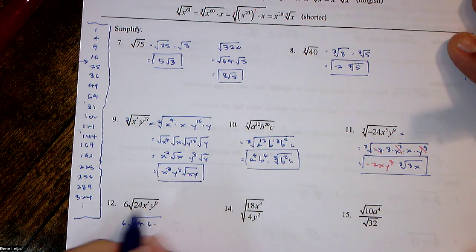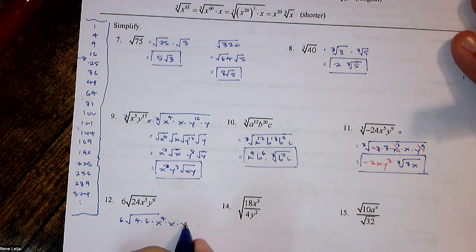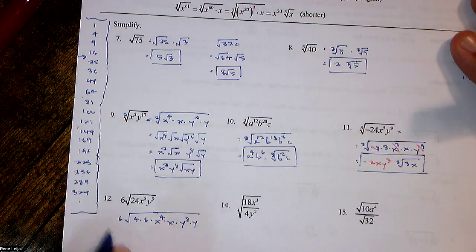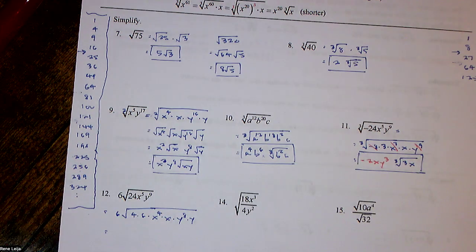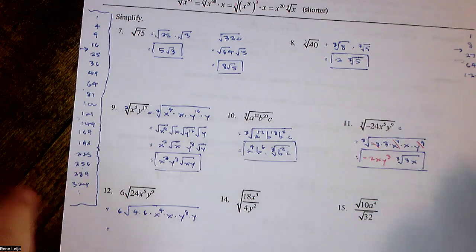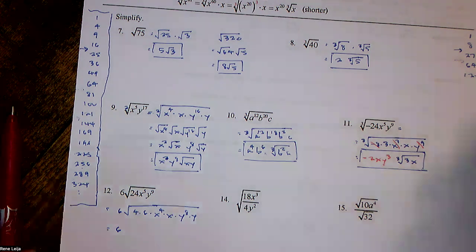Now this is a square root, so the power of my root is a 2, so I need to change the x to the 5th. That would be an x to the 4th times x, because I need it divisible by 2, and this would be y to the 8th times y. Okay, so now, here we go. We're going to take out our perfect squares. Here's the 6 that's already on the outside.